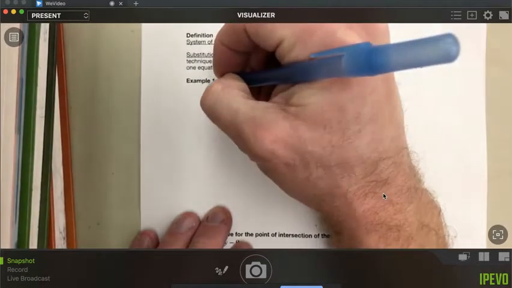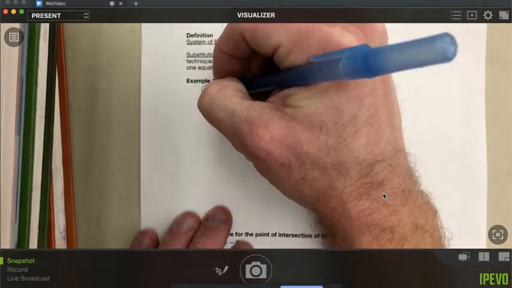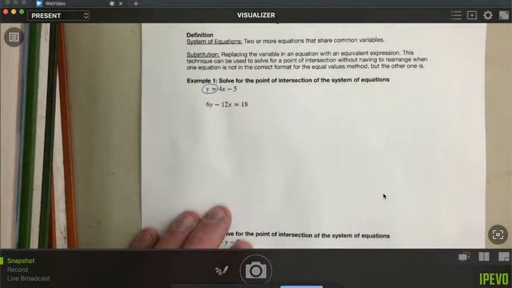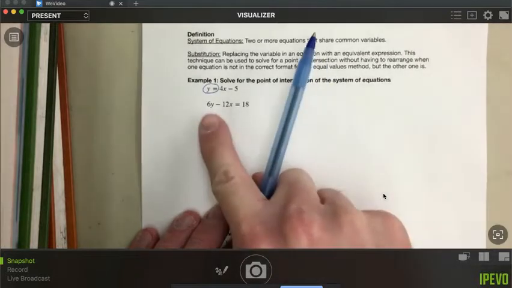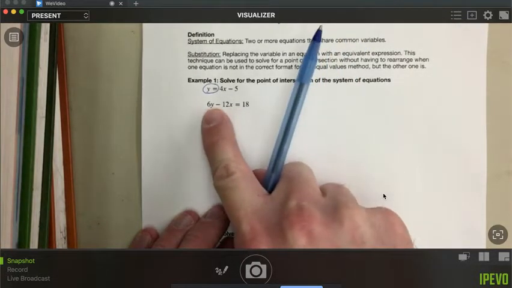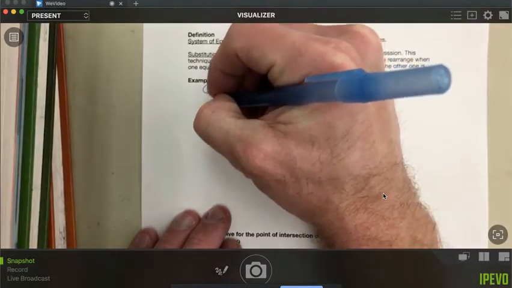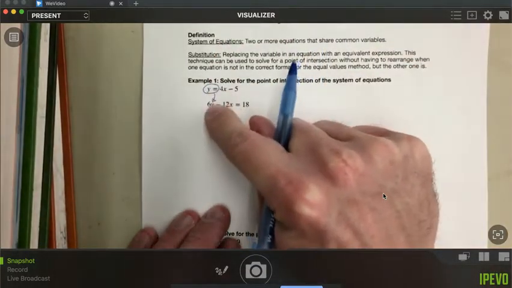The first thing I want you to notice is this is y equals. Keeping that in mind, let's look at this second equation. I see a y right here, so these two are connected.